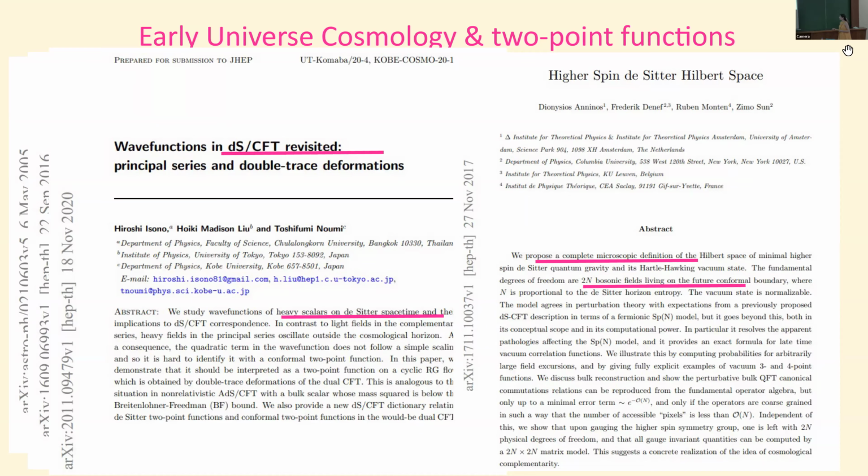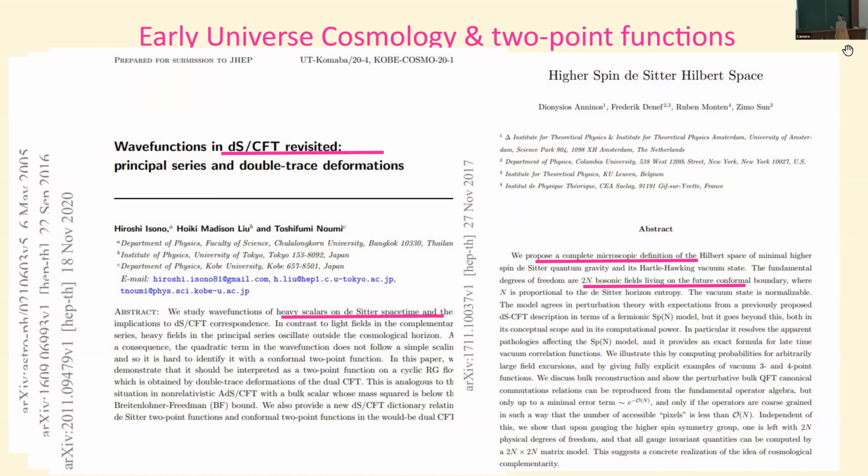There was earlier work on that, in fact, by one of the authors themselves, Anninos and collaborators, where they thought it would be an Sp(N) model, but this paper corrects it. They propose something they call the Q model. It has O(2N) symmetry. So they start identifying these late time operators from the higher spin theory, but they cannot make full sense of it. So this is not the end of the story, but this is one step towards that.